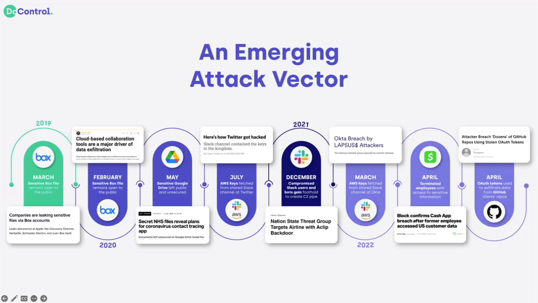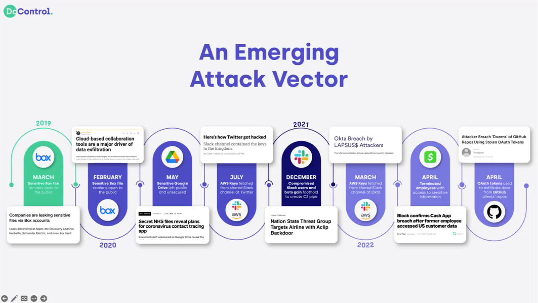And then more recently, we had GitHub experience a data breach where OAuth tokens were compromised, and it was essentially a supply chain attack where unauthorized users were able to gain access to a number of different customer repositories within GitHub, right?